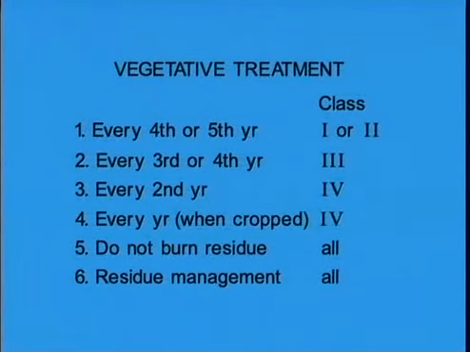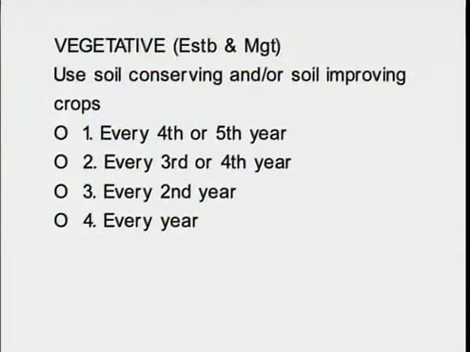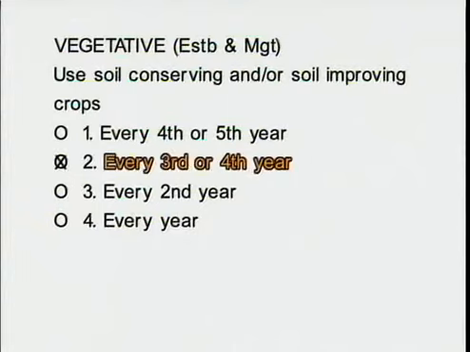Every 2nd year is applicable to class 4 land, and then every year would be class 6 land if that land is being cropped. In this case, we are in class 3 land. Class 3 land, we should use these soil improving or soil conserving crops every 3rd or 4th year. So we should have marked item number 2 underneath vegetative management factors.